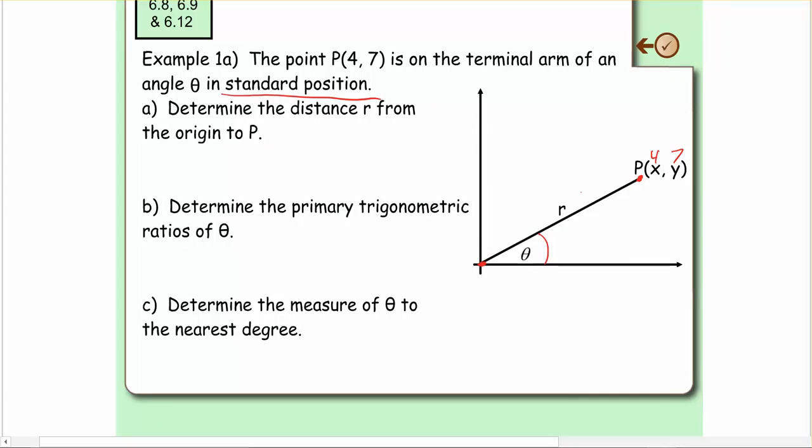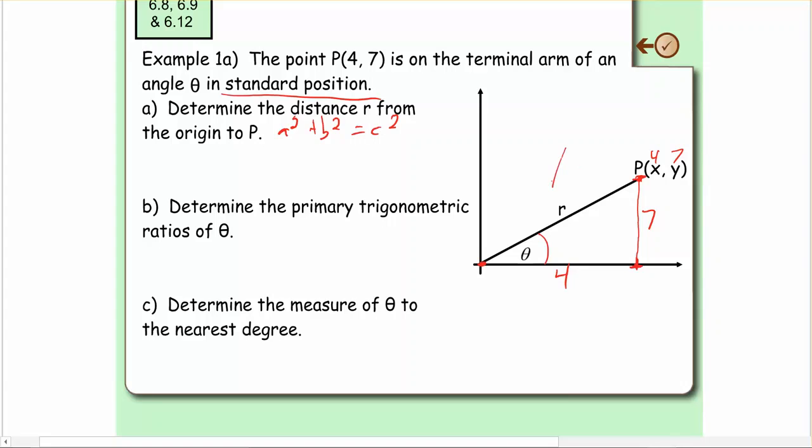We know that if x is 4, the bottom of my triangle, my adjacent side, is going to be 4, because I have to go 4 over. This length straight up and down is going to be 7, because that's my y value. We already know 2 sides of this triangle, so we should be able to figure this out with simple trigonometry. a squared plus b squared is equal to c squared.